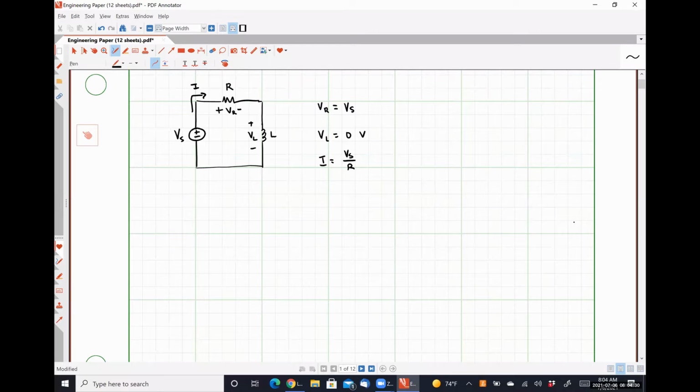All right. So if we have the same circuit, but now my source voltage will be time varying. Sorry, that should be VR.